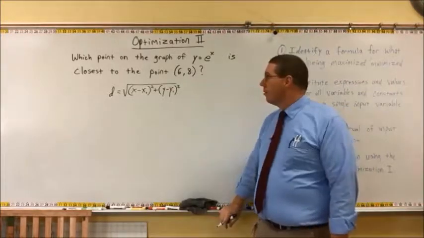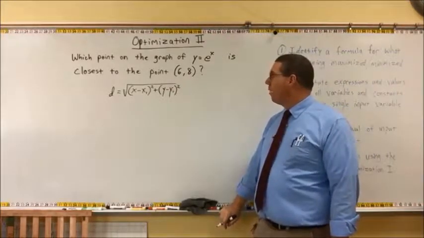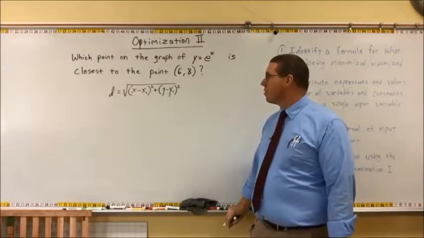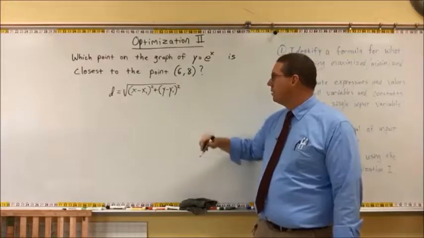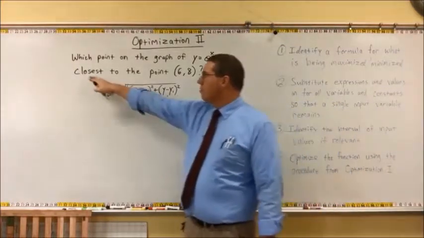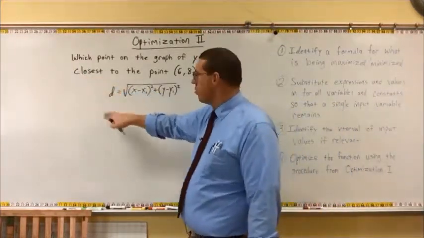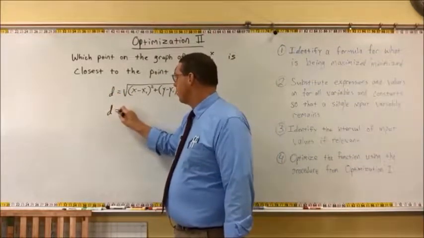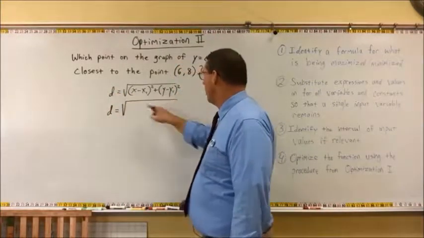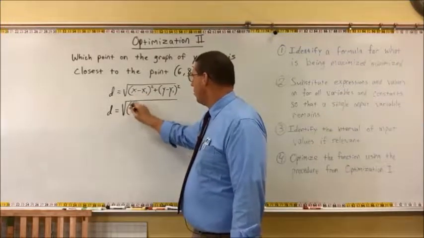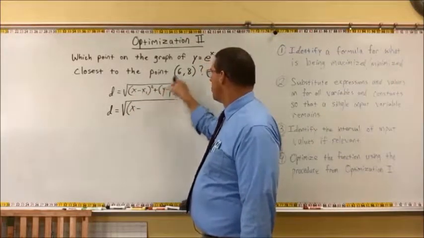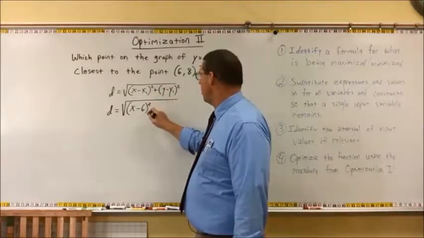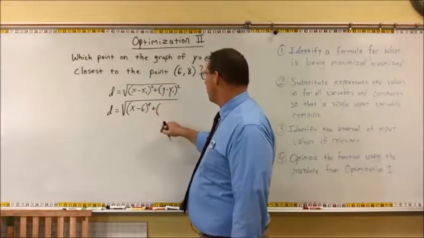All right, let's see what we got here. Which point on the graph of y equals e to the x power is closest to the point (6, 8)? So closest means minimize the distance. So we're going to use the distance formula, and we're going to fill in distance is equal to the square root of parenthesis x minus, for x1 we'll put in 6, close parenthesis and square, plus open parenthesis.